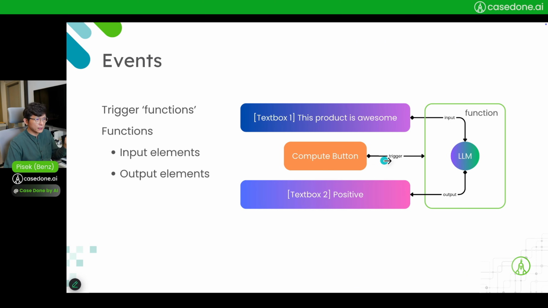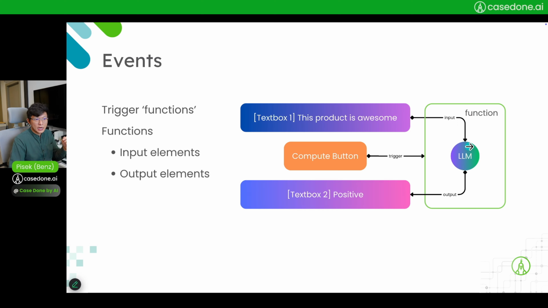When the button is clicked, it will trigger this function. So I need to define this function. This function will take in text box 1 as an input. So when text box 1 is acting as an input, it will give a string to the function.